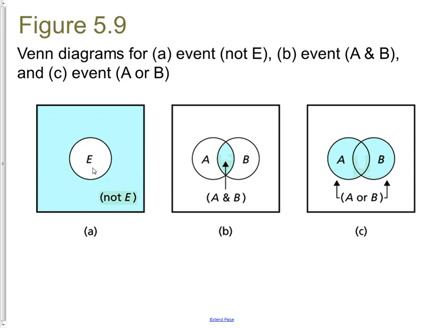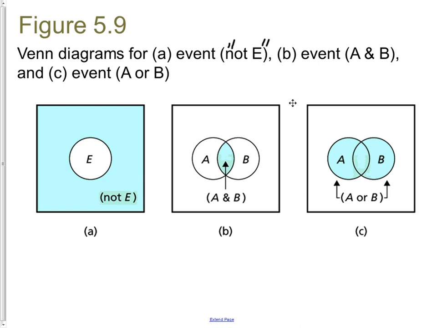Well, that event E is represented by the white space, and we darken in the space that is not E. So we say the event not E right here means that any event that falls outside of that group of possible events, E.